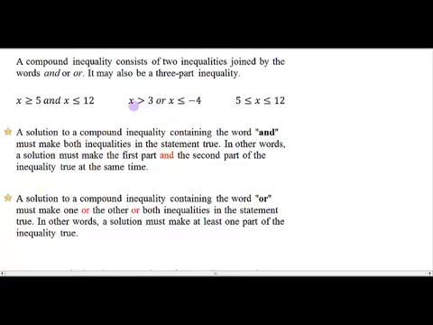So when I'm looking at a compound inequality like this with the word or, the number 5 is a possible solution because 5 is greater than 3 is true, or 5 is less than or equal to negative 4 is not true, but at least it made one part of that inequality true. This type of inequality is going to be the same as an AND statement. We'll see that later on in our lesson.